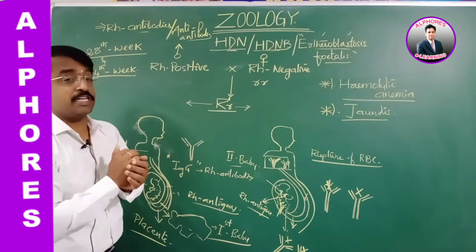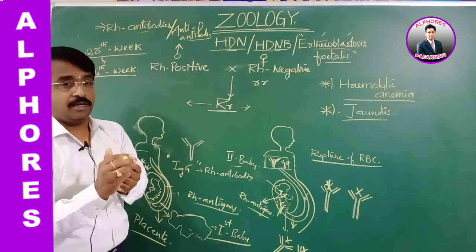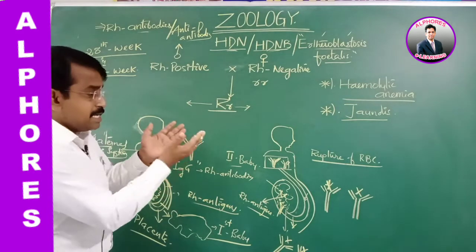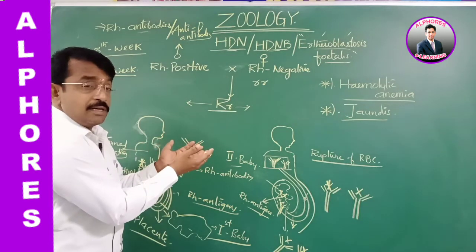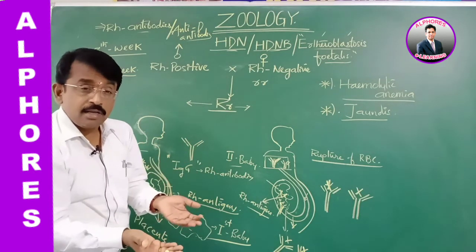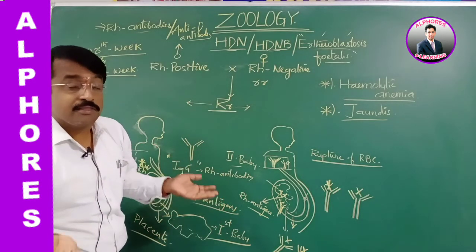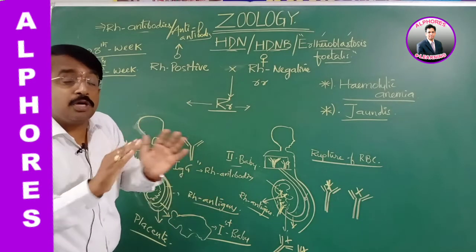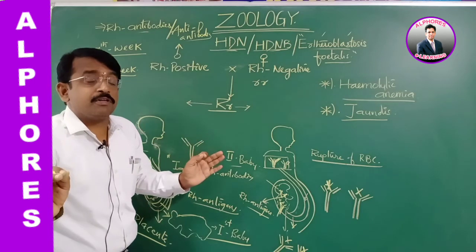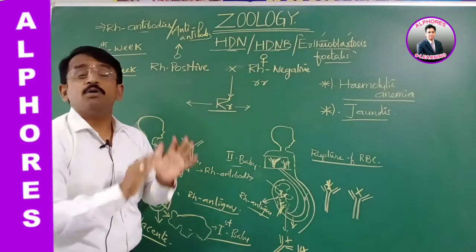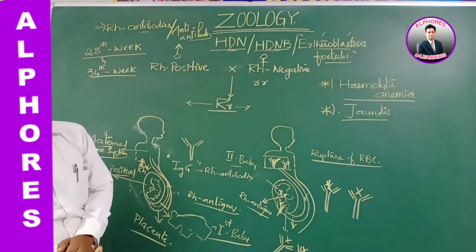I have already informed you that the recipient here, the mother, does not have the Rh antigen and is not producing Rh antibodies, so there is no point of agglutination or severe condition. This is how the mother is not prone to any of these conditions.